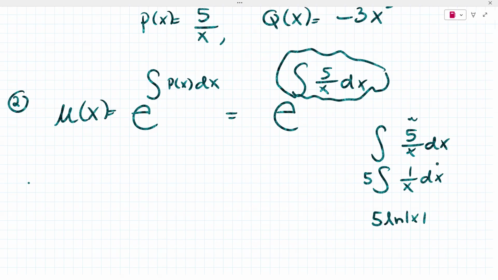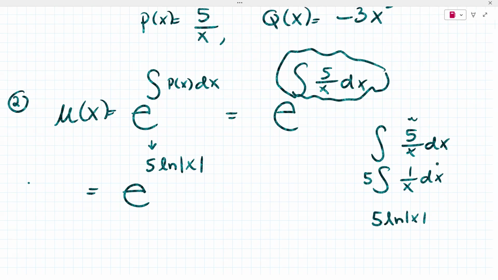Okay. So mu is e raised to the integral of p of x dx, which, oops, we've already solved. So it's just going to be e raised to the 5 ln of x. Can we cancel the ln and e immediately? Not quite. You have this 5 in front of the ln, so we have to use our log rules.